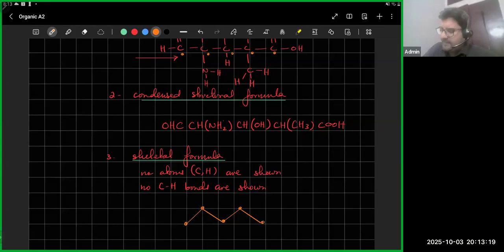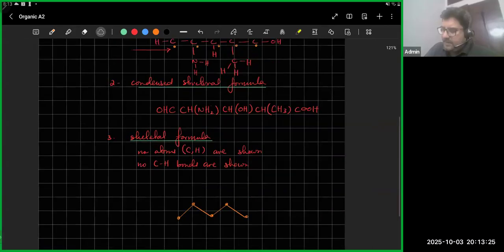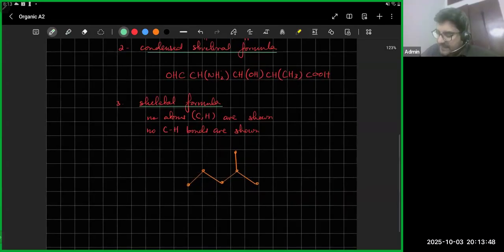So you have five carbon atoms in a straight line, and on the fourth one there's another carbon atom appearing over here. So I've drawn that, and then I'm going to start adding the functional groups. On the first one, there's an aldehyde.